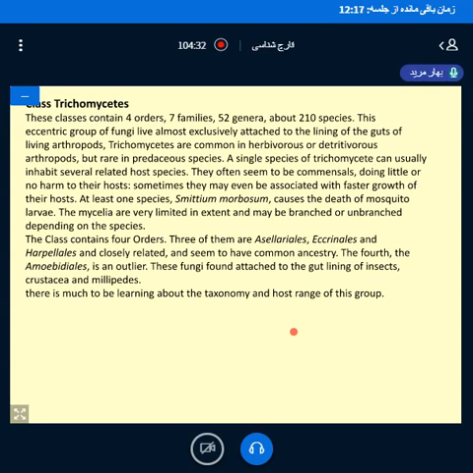A single species of trichomycete can usually inhabit several related host species. They often seem to be commensals, doing little or no harm to their host. Sometimes they may even be associated with faster growth of their host. At least one species, Smittium morbosum, caused the death of mosquito larvae.